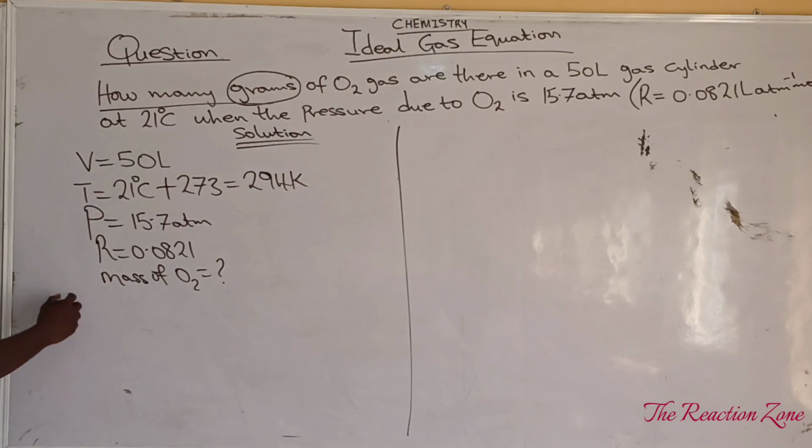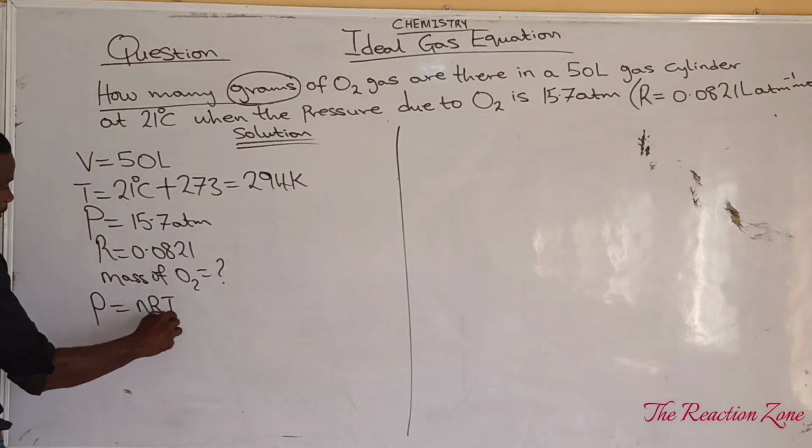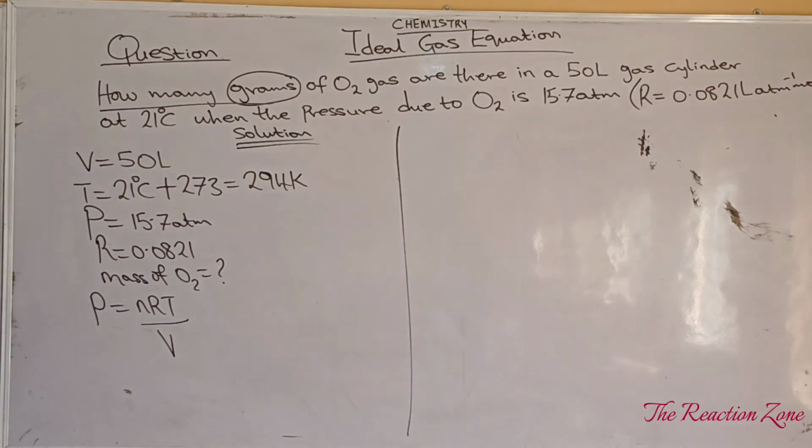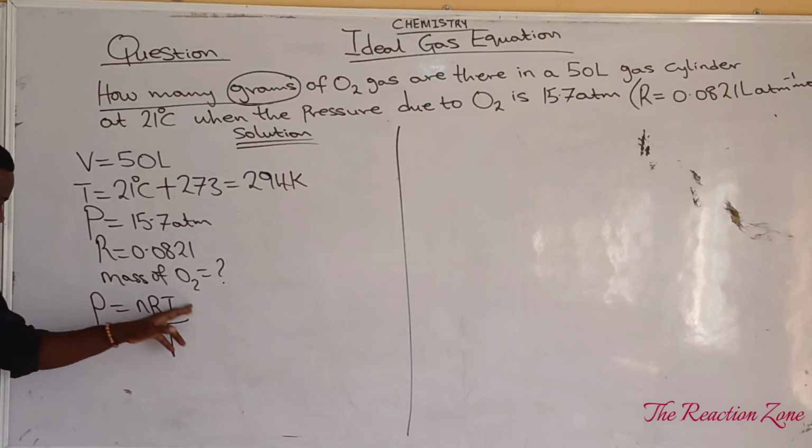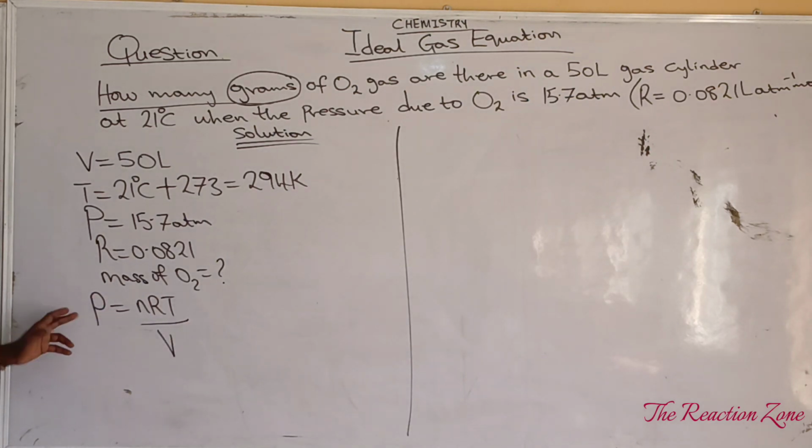The ideal gas equation, which is P equals nRT over V, has the following parameters: pressure, number of moles, molar gas constant, temperature, and volume. Mass is not here. So how do we find the mass of oxygen?